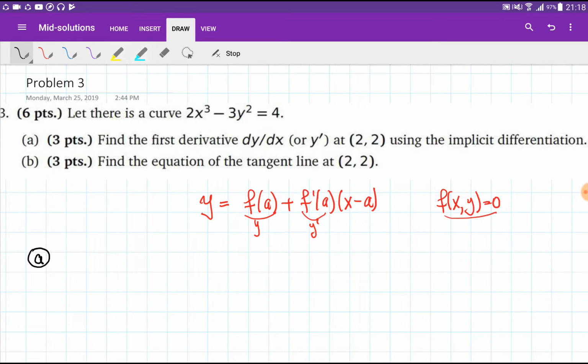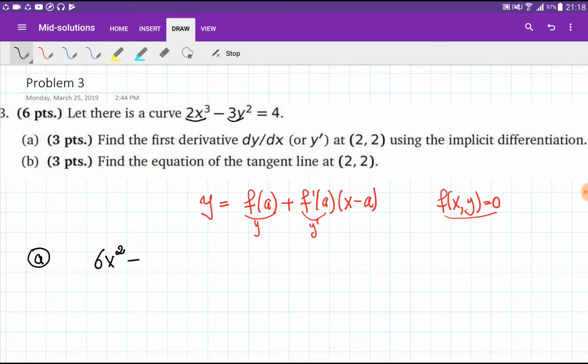So the derivative of 2x cubed with respect to x is 6x squared minus the derivative of 3y squared here. You don't see the x here, right? But we keep in mind that y is some function. We don't know the form of this function, but this function definitely depends on x. So we need to use the chain rule.